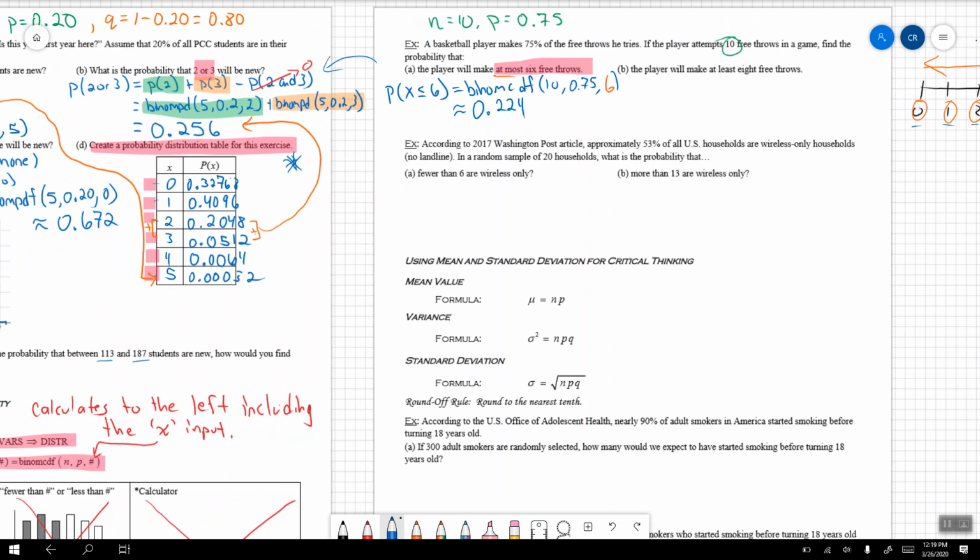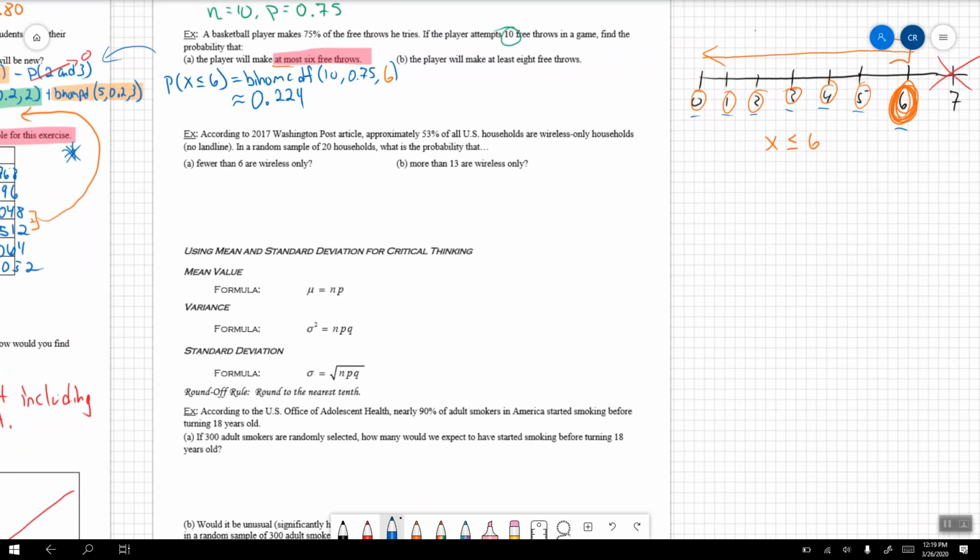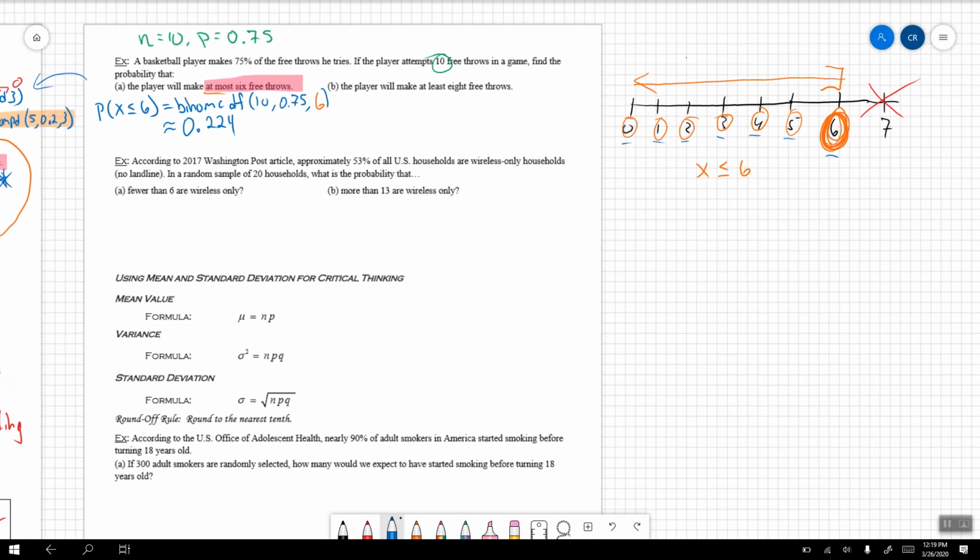Notice that's very, very time consuming, because now you're looking at 7 individual probabilities that you have to calculate or input. But once you find them, you're going to get that probability is 0.224, which means that binomial CDF is making our life easier. All right, let's look at part B.